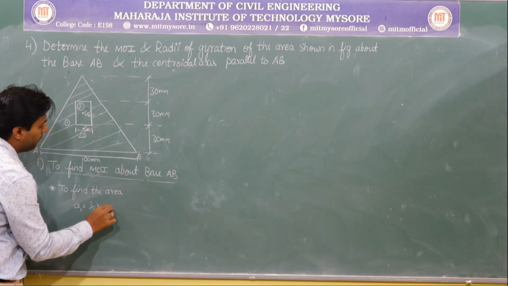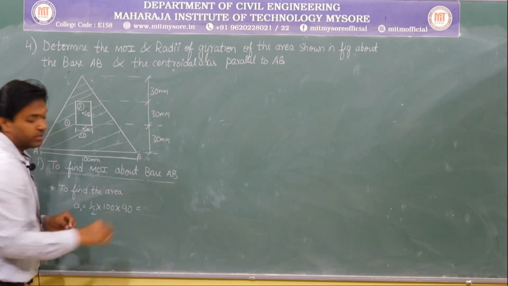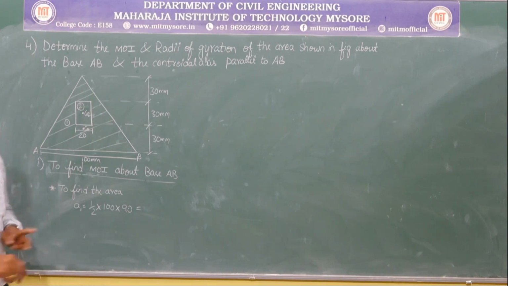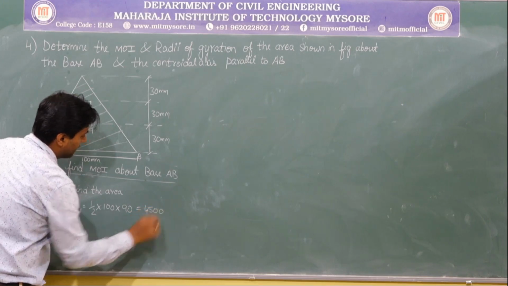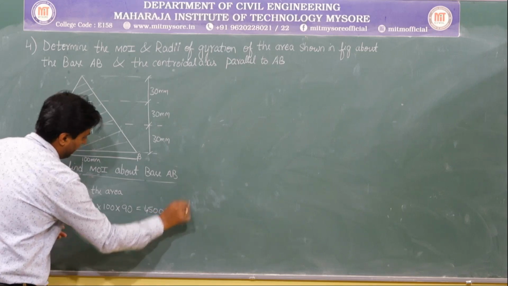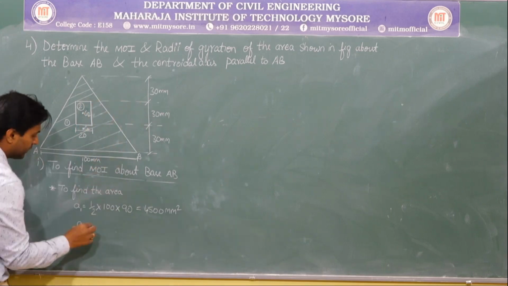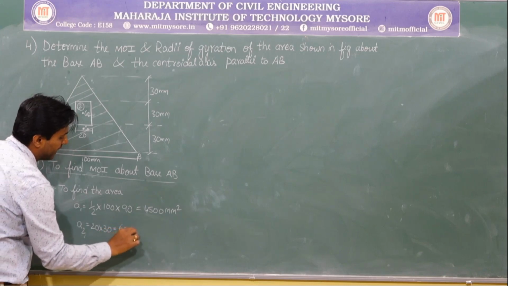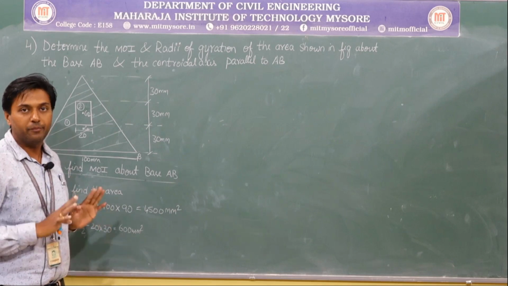So it is half into base into height, 50 into 90. 5 9s are 45, so 4500. Next, let me go with A2. A2 is breadth into depth, 20 into 30. So it is 600 mm square. Sigma A and all, I don't need it as of now.